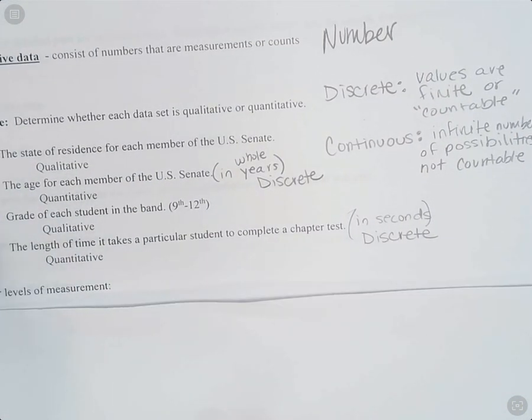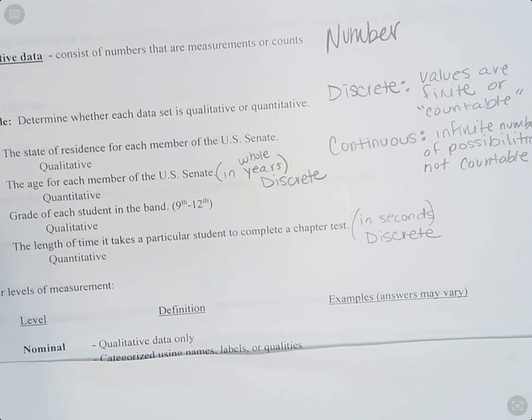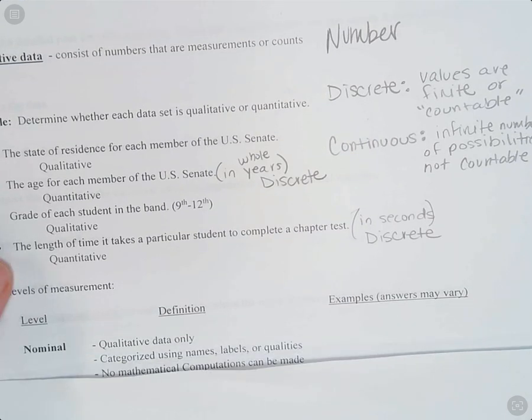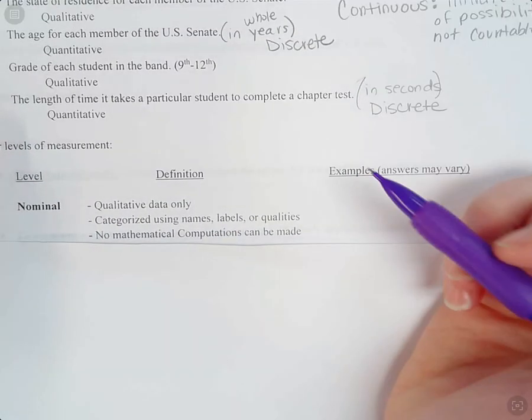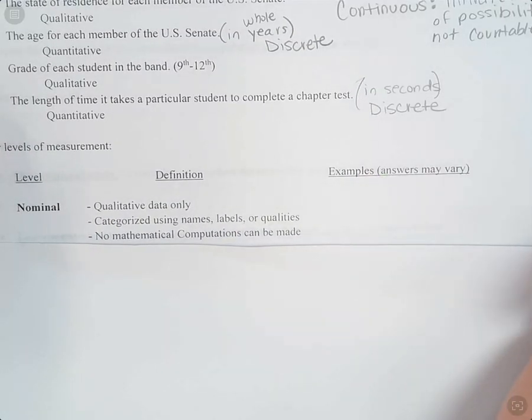Okay, let's look at the four levels of measurement. So we have nominal, ordinal, interval, and ratio. So nominal is qualitative data only.